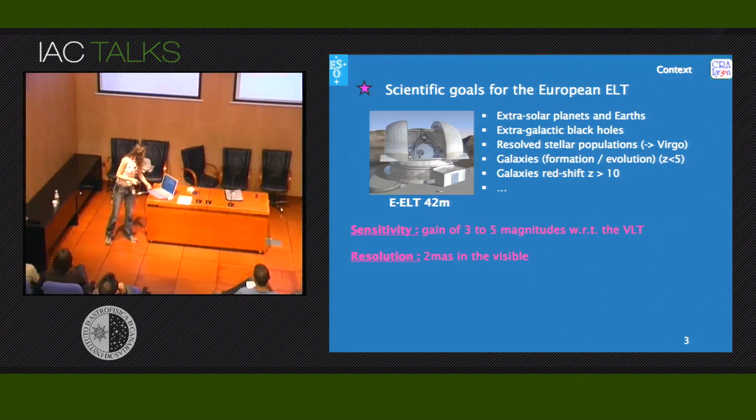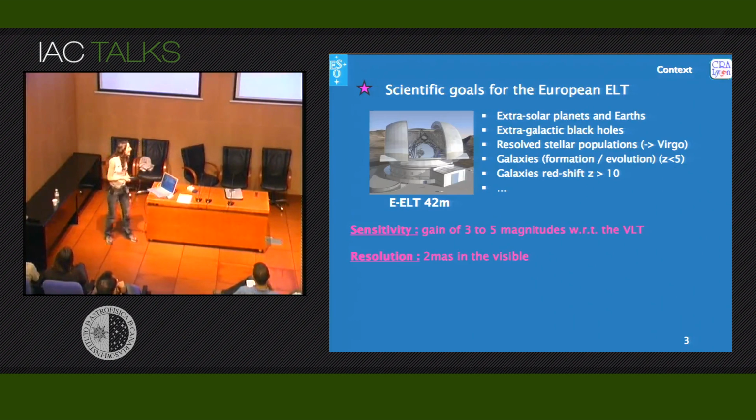So first, the scientific goals for the European ELTs are really ambitious. Due to the very large primary mirror, we expect to observe extrasolar planets and Earth, to study extragalactic black holes and resolve stellar populations. And another major aim is to study the formation, evolution, dynamics of the galaxies at high redshift.